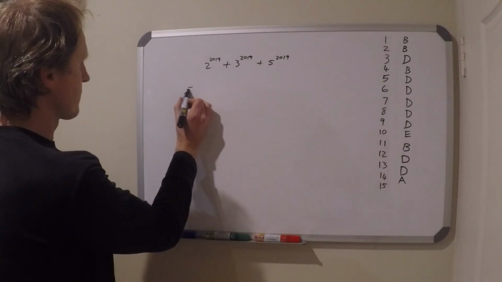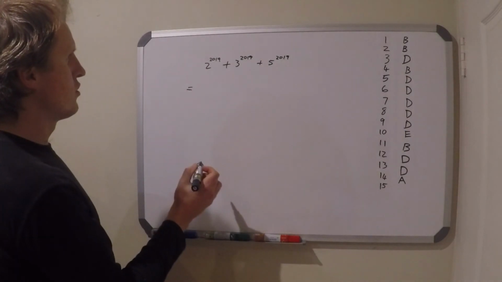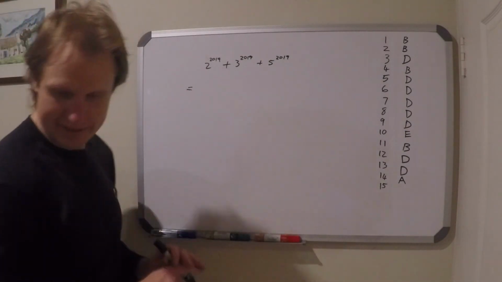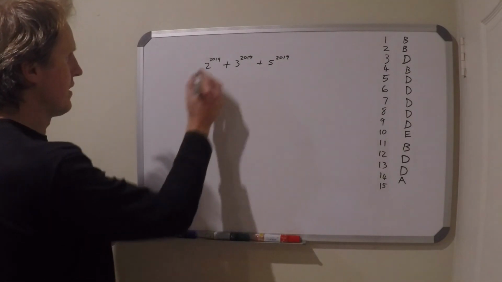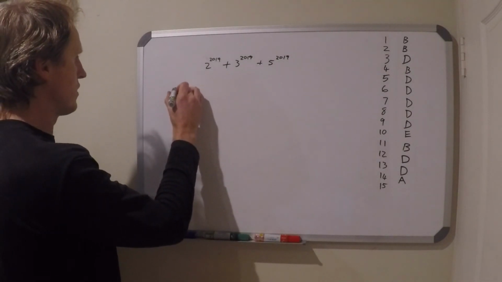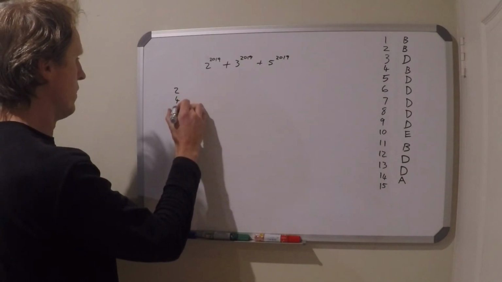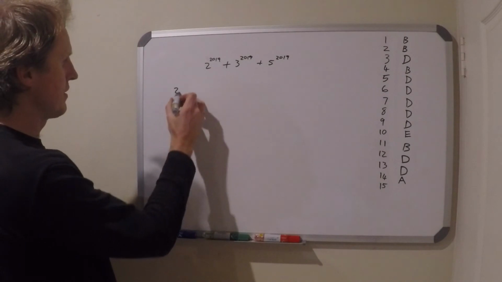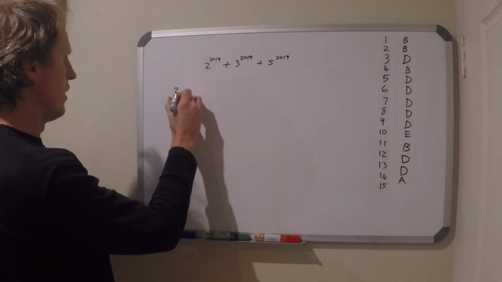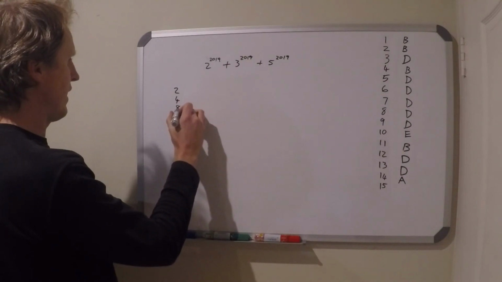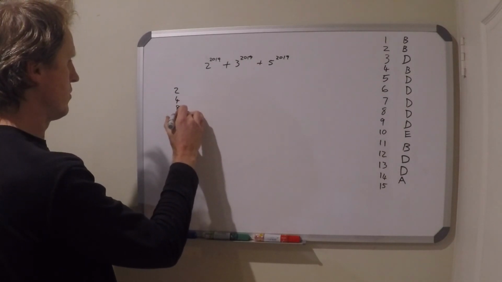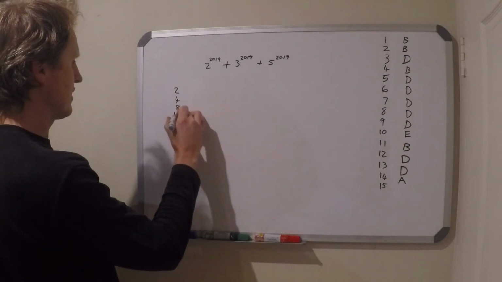But 2 to the power 2019. Let's look at the powers of 2. 2 times 2 is 4. 4 times 2 is 8. 8 times 2 is 16.